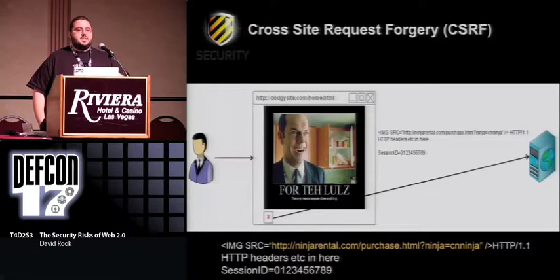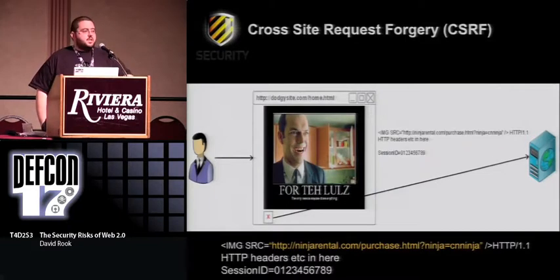What if, whilst he's still authenticated to that site, I get him to come along to my dodgysite.com? We might be laughing at Agent Smith there to start off with, but ultimately he's going to have the last laugh, because whilst you might think we can't make this request from another site, we can use tags like an image source, an iframe source or a script source tag to bypass a protection mechanism called the same origin policy, which should have prevented this attack. But by design, those three tags allow that attack to happen.